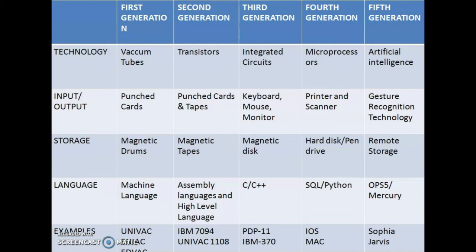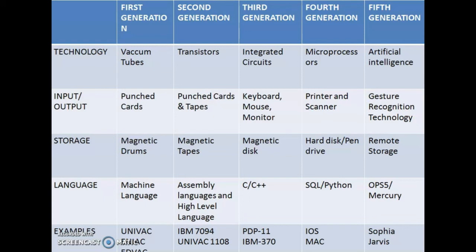Next, about the fifth generation computers. They used artificial intelligence, which means we can create machines with human intelligence. Ultra-large-scale integration technology was used, and microchips having 10 million electronic components were used in fifth generation computers.